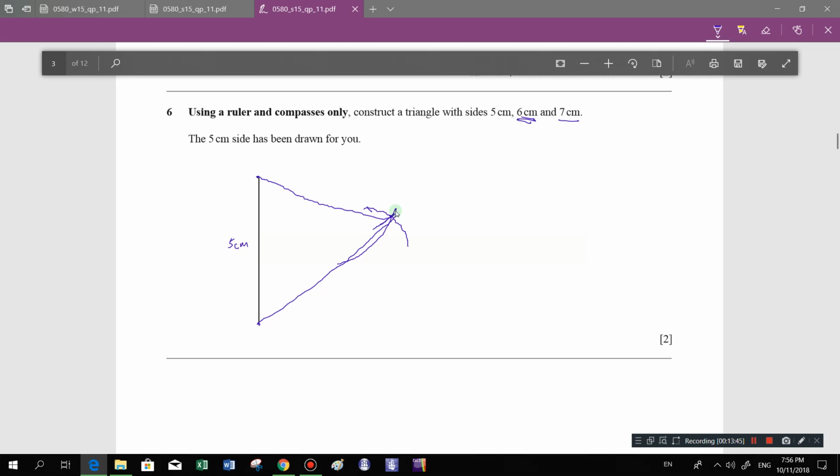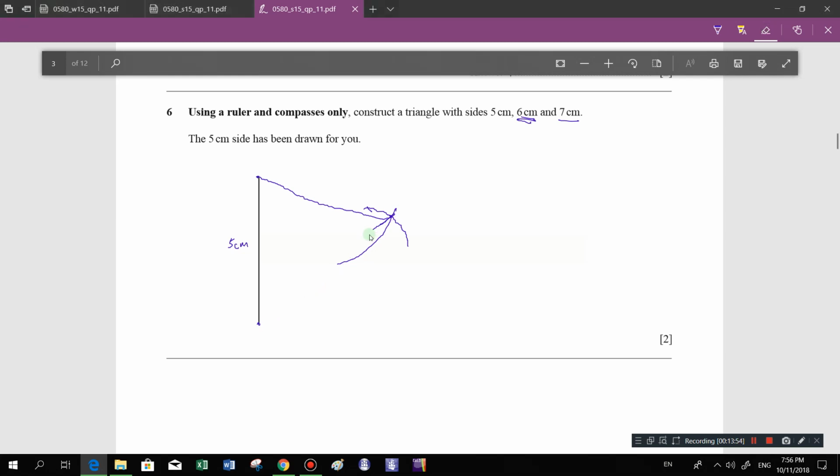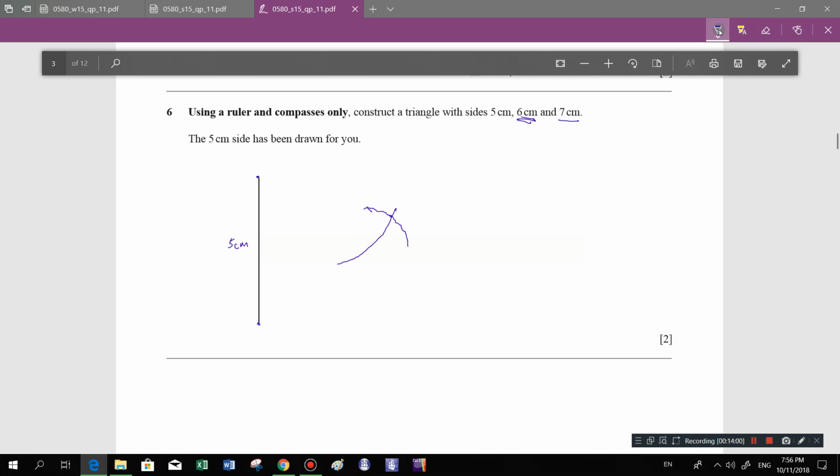Therefore, so it will become here, and then you join from here to the intersecting point. Okay, so this you have drawn the triangle.